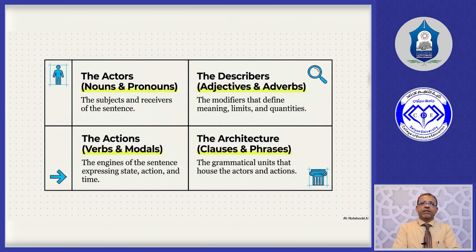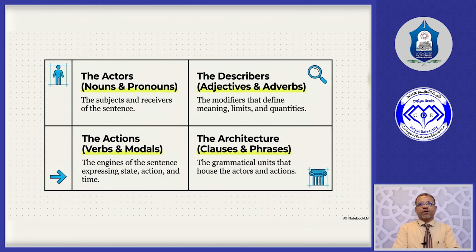Describers, adjectives, adverbs: these also make your sentence better, nice, just like appetizers. When you have food, you can have rice with meat, or rice with fish, rice with chicken. But sometimes they put appetizers and dressing, for example something made of tomatoes, potatoes, and so on.